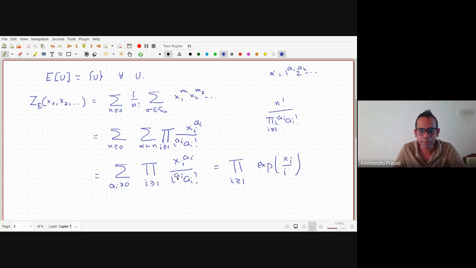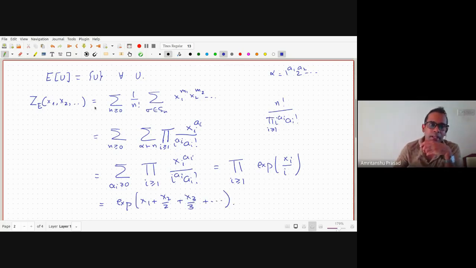Xi raised to ai by i raised to ai divided by ai factorial. So that's just xi by i to the power ai divided by ai factorial. So this is exponential, this sum. And that is then exponential of x1 plus x2 by 2 plus x3 by 3.